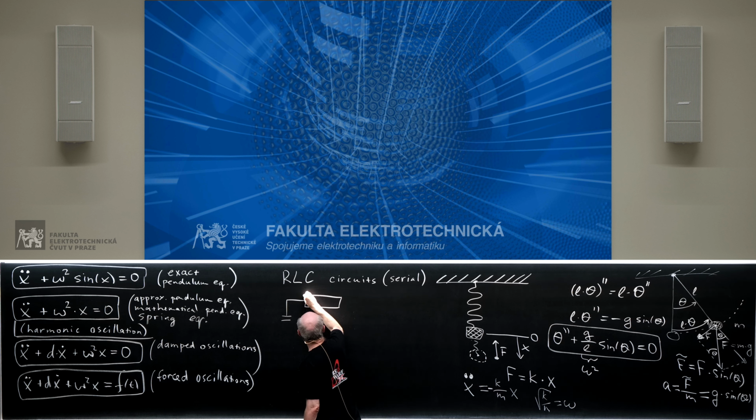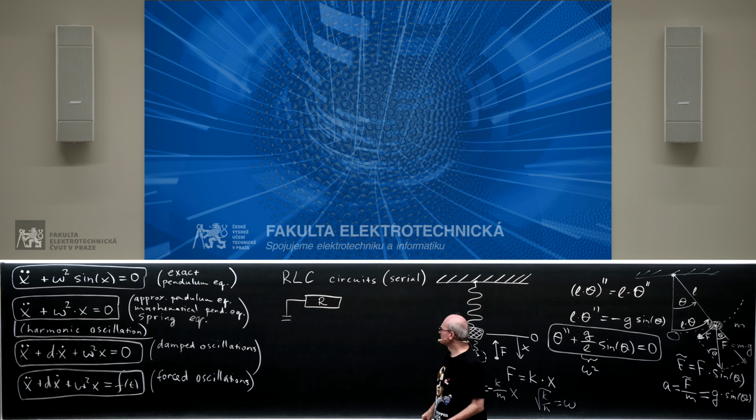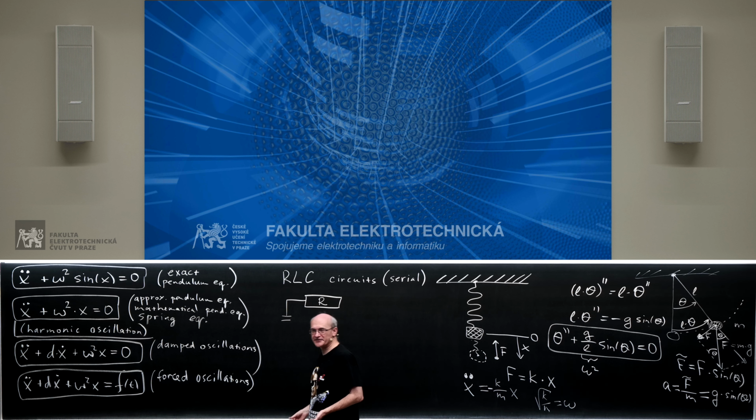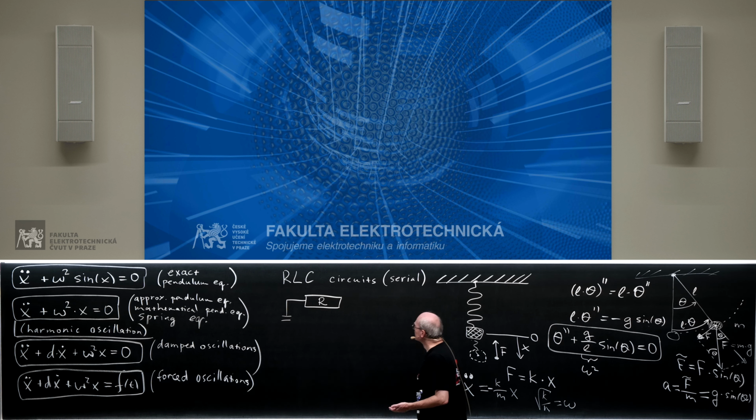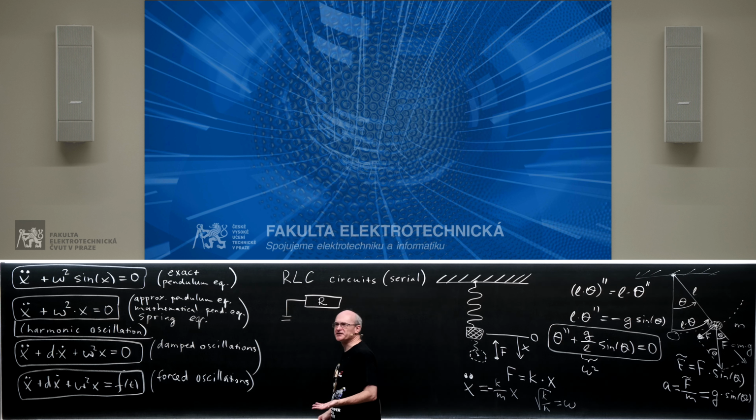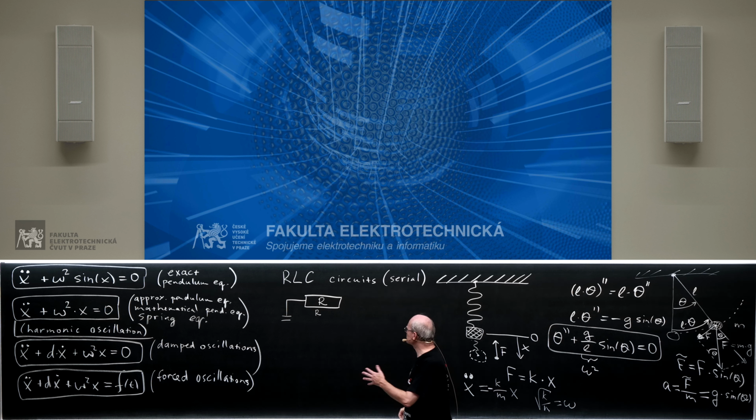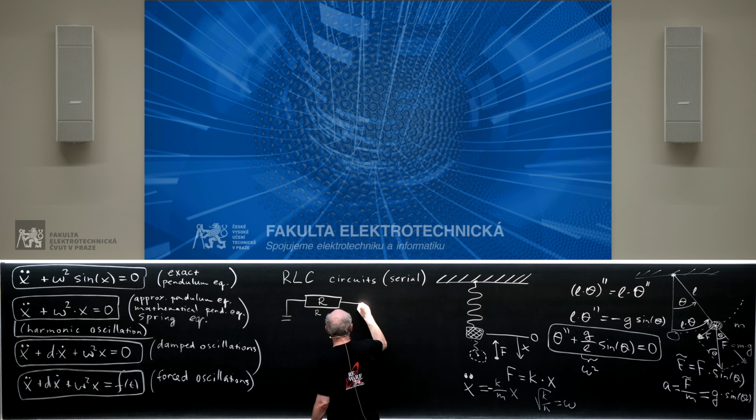Then there is something which is called a resistor. And a resistor resists electricity, of course, resists current. And, well, the strength of the resistance is called resistance, surprisingly enough. And it's actually denoted R, measured in ohms, some German name. Anyway, then you've got L, which stands essentially for a spring, in fact.